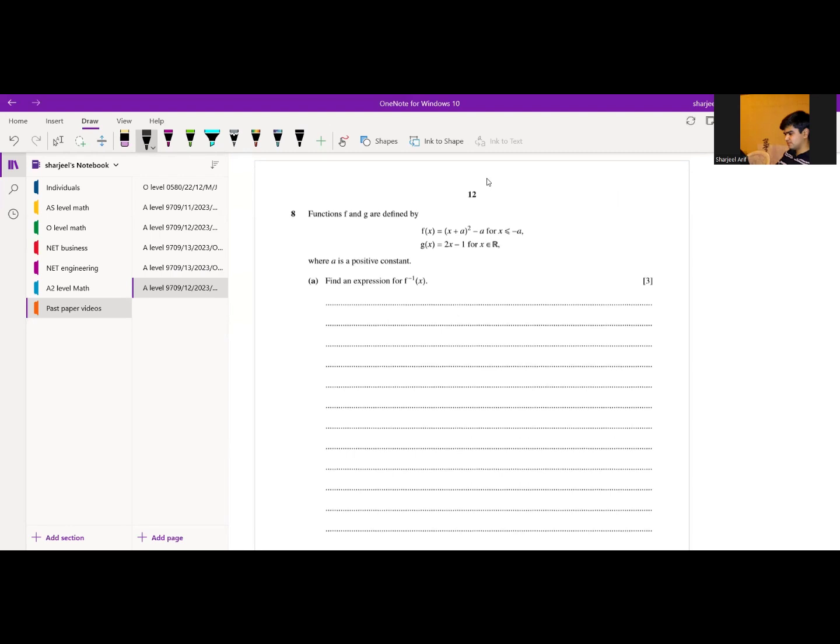Now for question number 8, we have to find the expression of f inverse of x. So we will suppose that y equals f(x) and x is equal to f inverse of y. So y equals (x plus a) whole square minus a. So y plus a will be equal to (x plus a) whole square. x plus a will be equal to square root of y plus a.